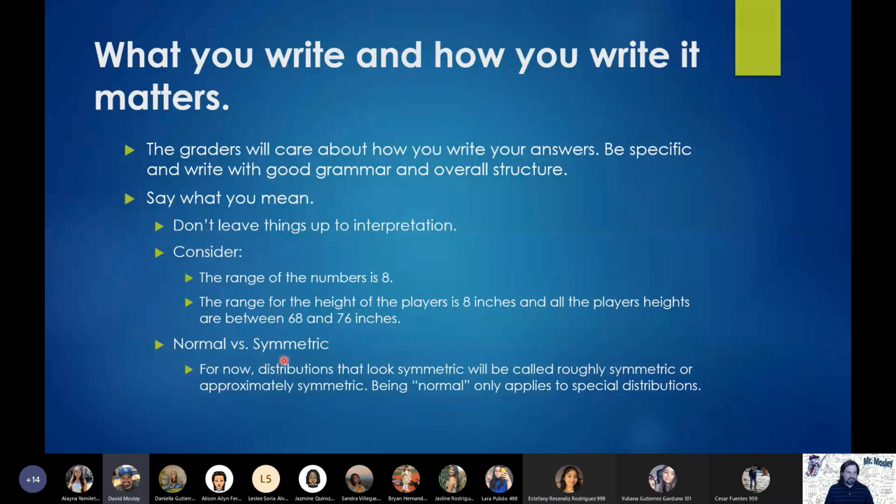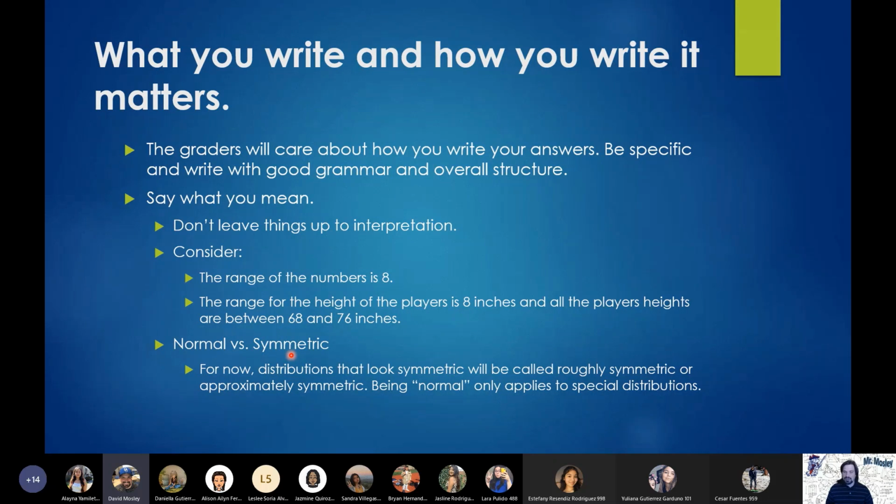Then the other thing I saw within some of our written responses is using normal versus symmetric. This is an issue with previous math classes and the way those authors chose to write that text. Only special distributions are normal. They have to meet certain special criteria to be considered a normal or approximately normal distribution. If they don't meet those criteria, they're just symmetric, or approximately symmetric, or roughly symmetric.